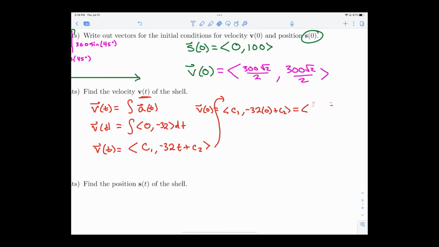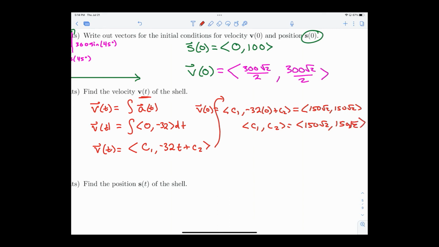I'm going to simplify that a little bit. Of course, 300 over 2 is 150, so 150 root 2 and 150 root 2. What that tells you is that c1, c2 is just 150 root 2, 150 root 2.